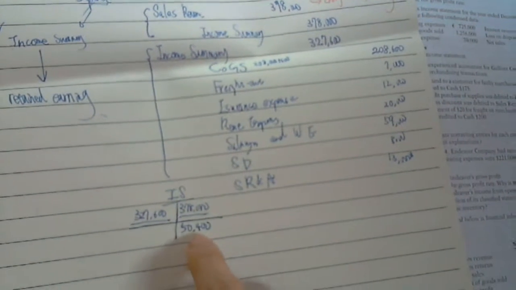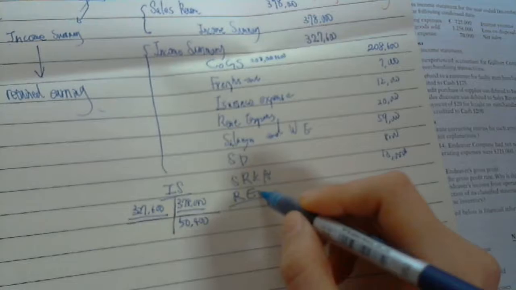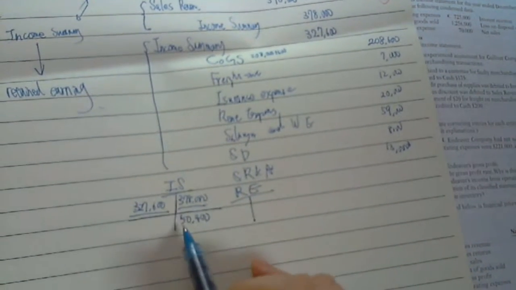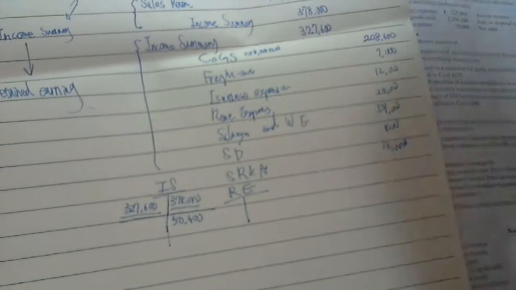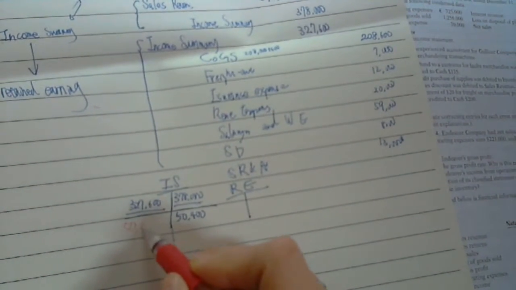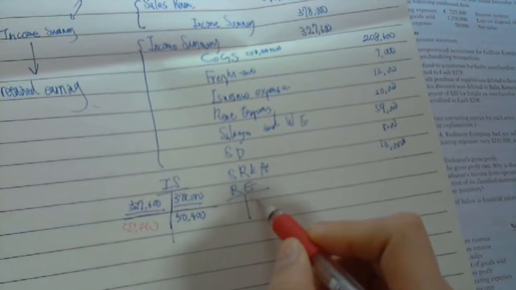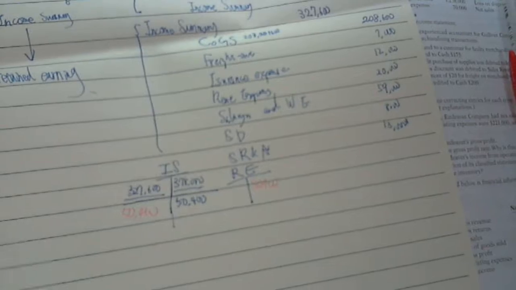Okay, so now this number needs to go to the retained earnings. So we will put the income summary to 0 by writing the same number right here and then go to the retained earnings. Okay, so how to do this one?